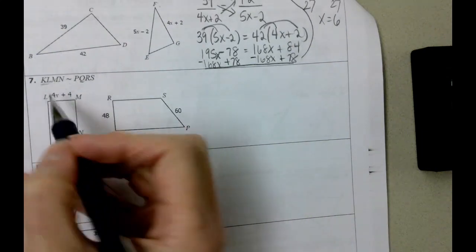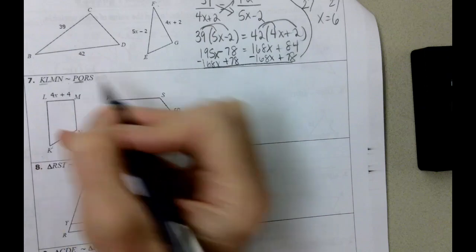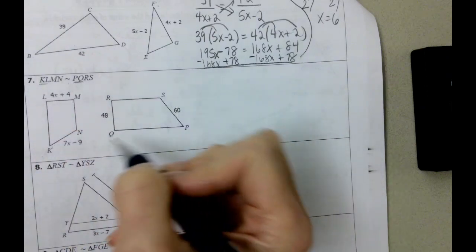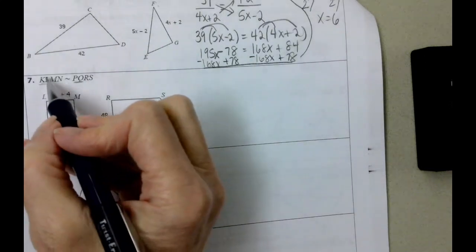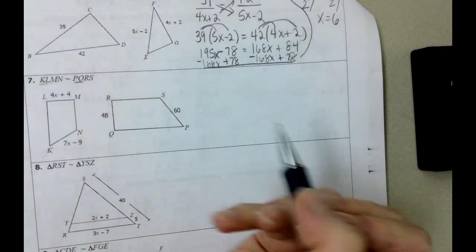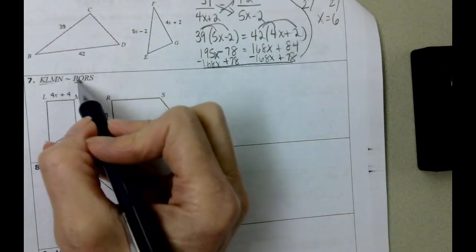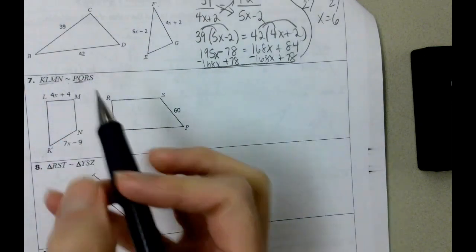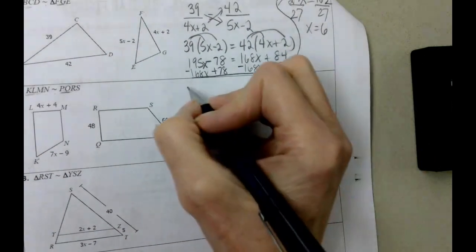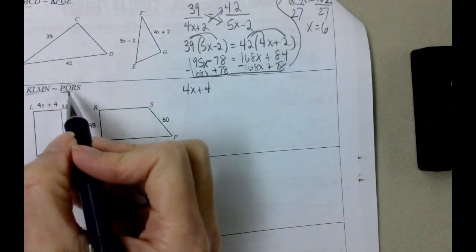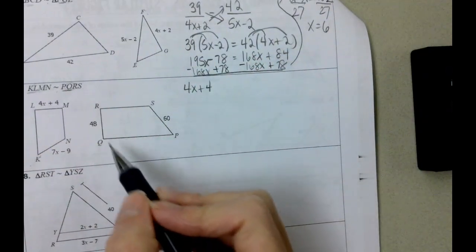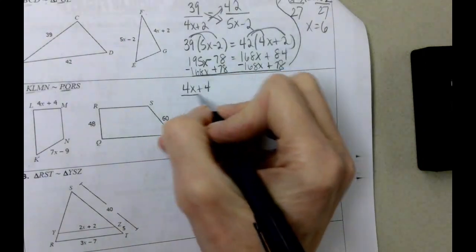But by the way, KL and PQ are going to be proportional. But then I go to LM. So the second and the third values in this list, and Q and R. So this LM has a value of 4x plus 4. And then QR has a value of 48.